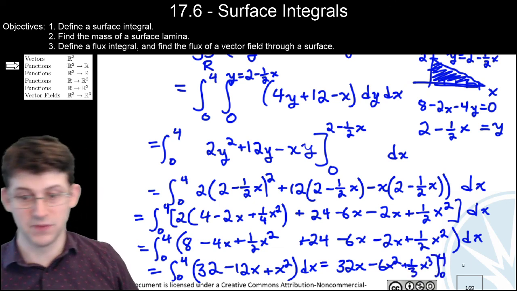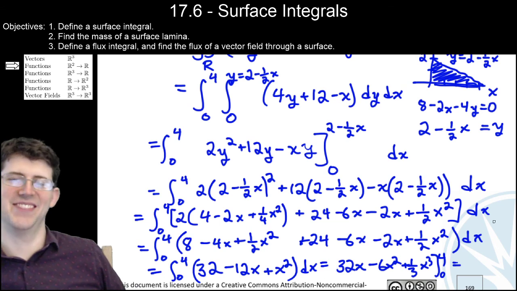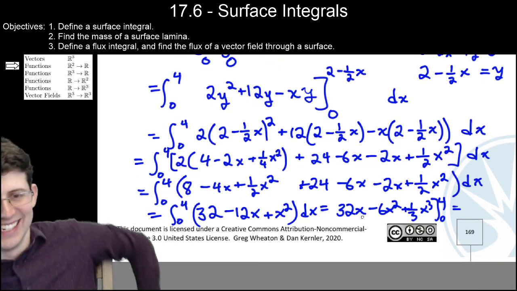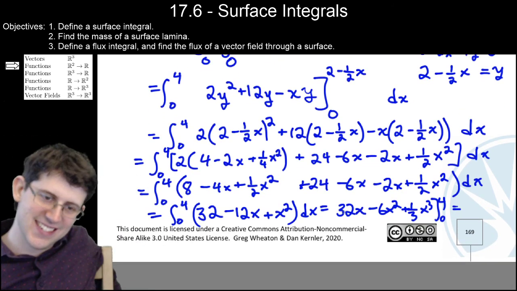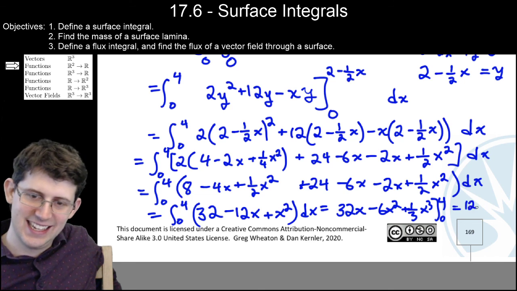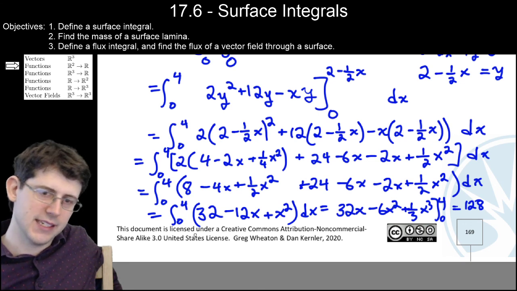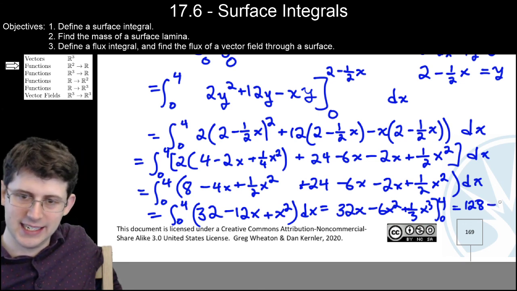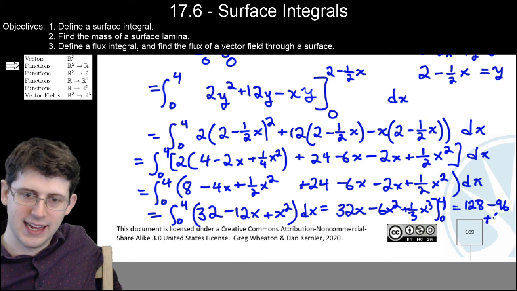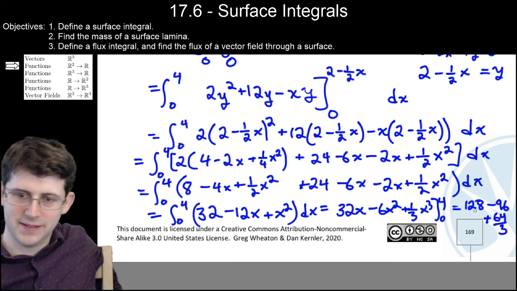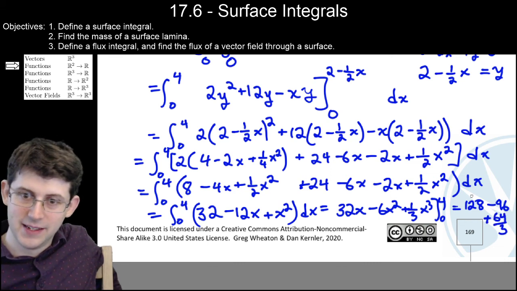Plug in x equals 4. I'm just barely out of space again. Plug in x equals 4, I get 128 minus 6 times 4 times 4. 6 times 16, that seems like 96. And then I need to add 64 thirds. Fine. So this is 32 plus 64 thirds.